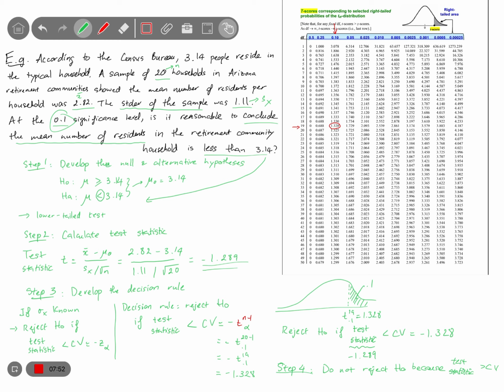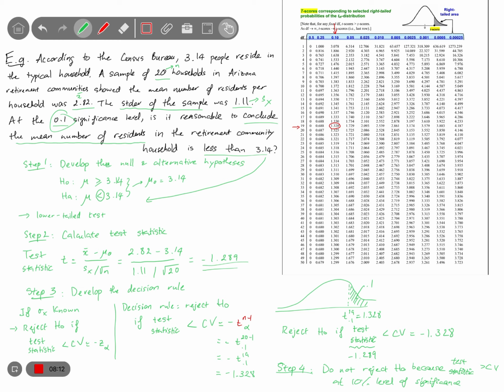And we do not reject the null at the 10% level of significance.